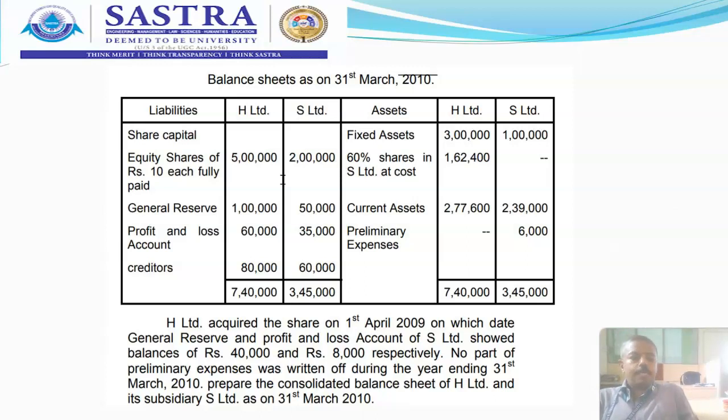Now let me draw your attention towards the items related to capital profit. We have two items, but not from the balance sheet. Of course, we have both items in the balance sheet, but take these two items from the additional information, because the balance sheet is given as on 31st March 2010, whereas the acquisition by the H Limited from S Limited happened in the year 2009 itself, on 1st April 2009.